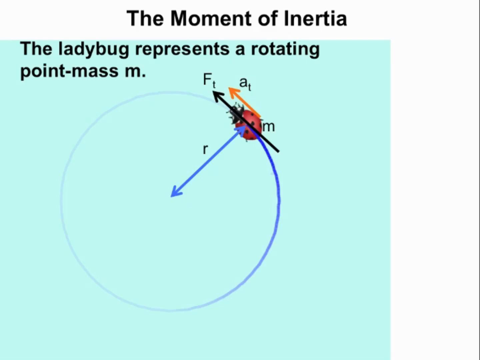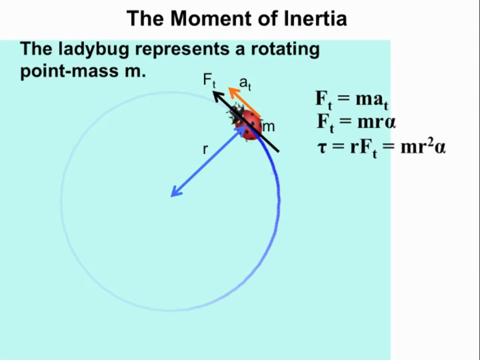All right, so let's lay this out. We know that Ft equals m at because it's just Newton's second law, F equals ma. And now from the last section we learned that at equals r alpha. And you may want to refer to previous notes. It's always a good idea since everything in math and science depends on earlier stuff. All right, so we have Ft equals m r alpha.